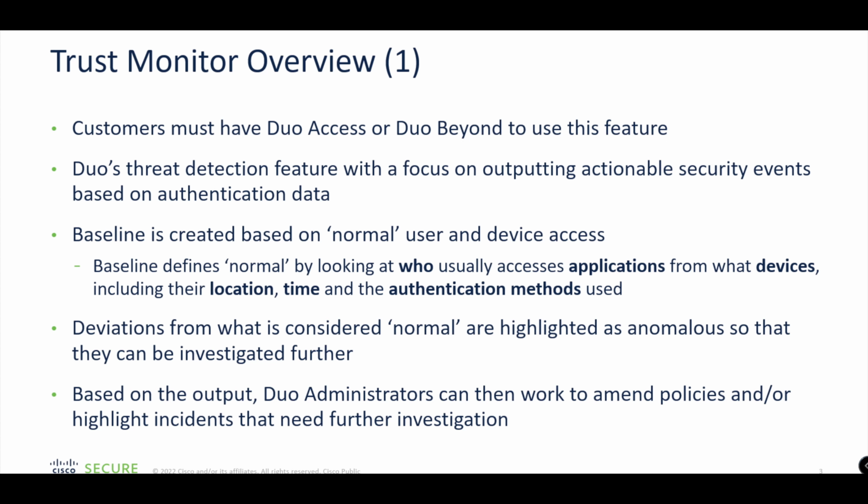And then based on the output, the administrators can choose to amend policies, so whether that be tighten policies or relax policies, and highlight security incidents that need to be further investigated.